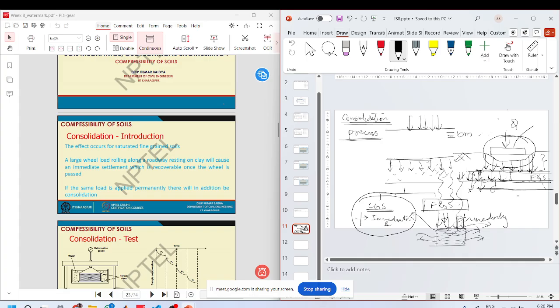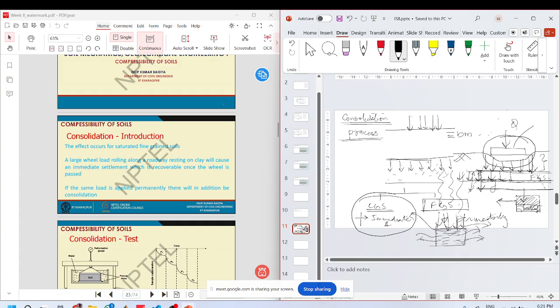If I want to compress it, I need to reduce the pore volume, because we assume that the particles are incompressible. And if the pores are already filled with water, we assume that water is also incompressible. So where will this water go? What will happen to the concept of conservation of mass?